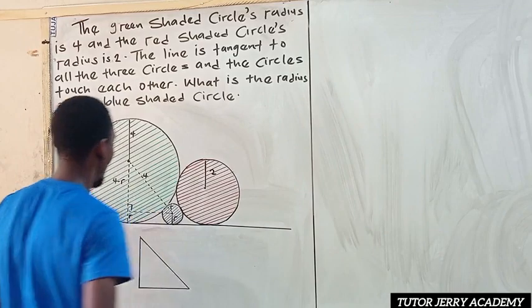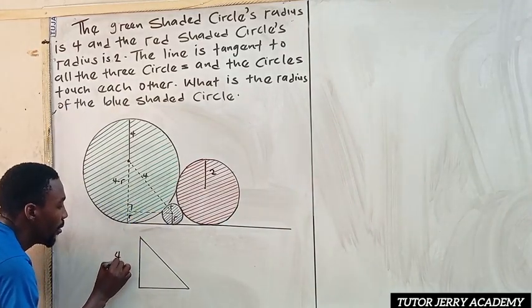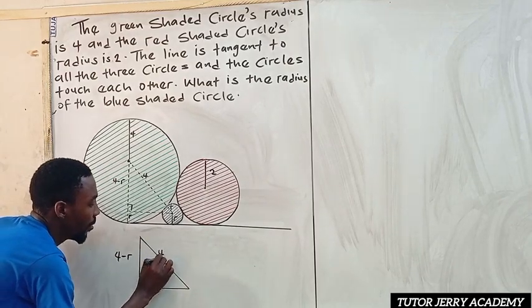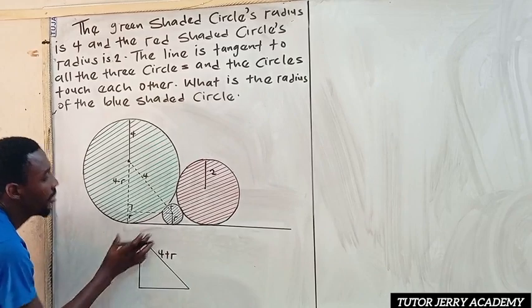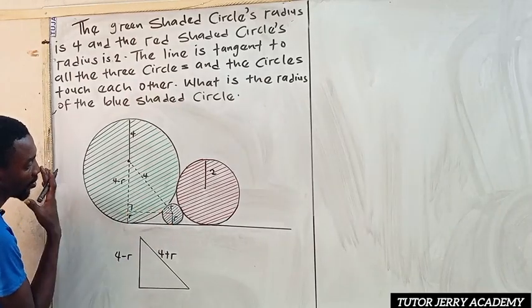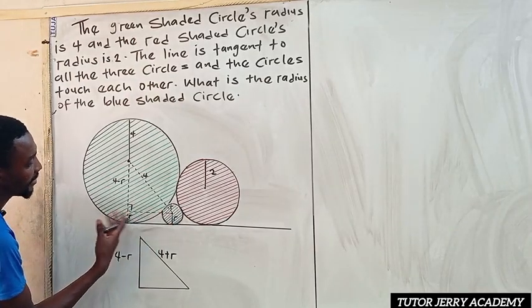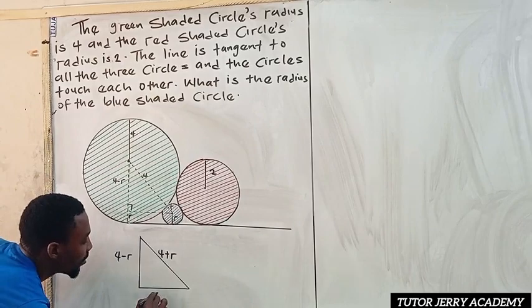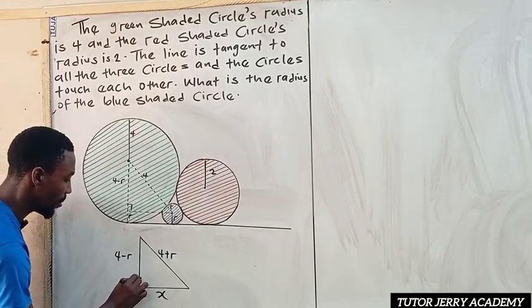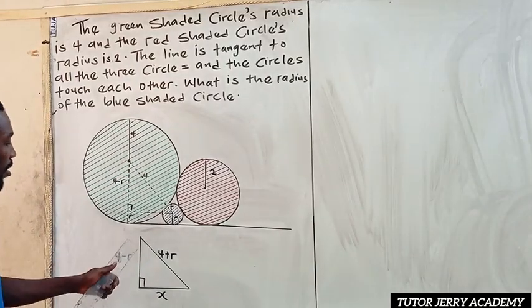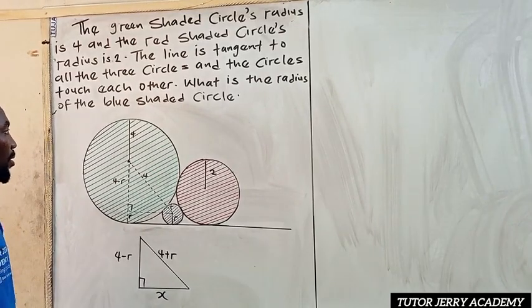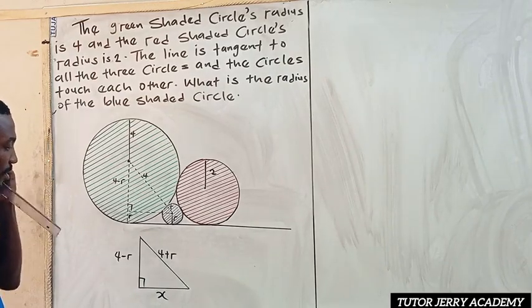Here is 4 minus R, here is 4 plus R, and here we don't know the length of this place. So let's call this place X. And we know that this place is a right angle. So now, if we apply our Pythagoras theorem here, what are we going to do?